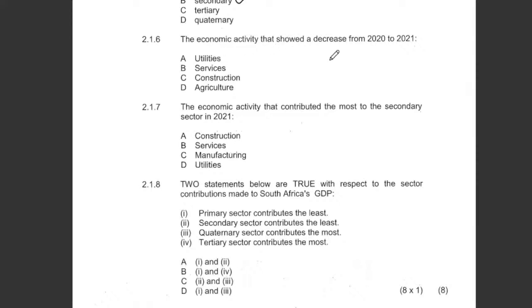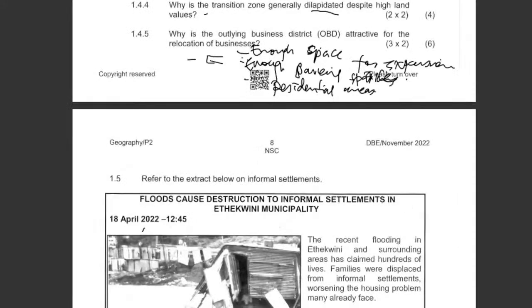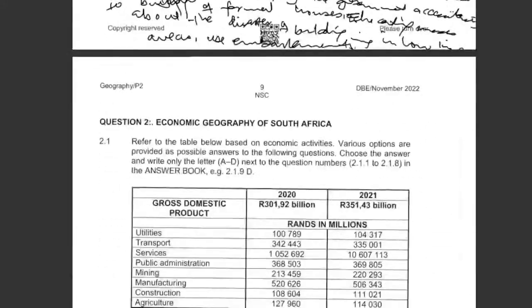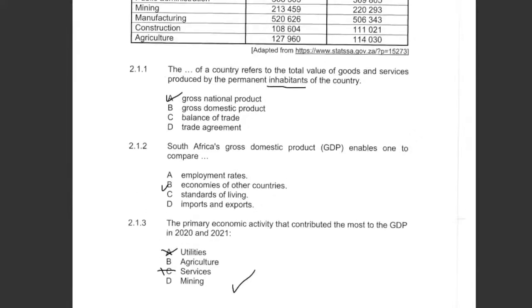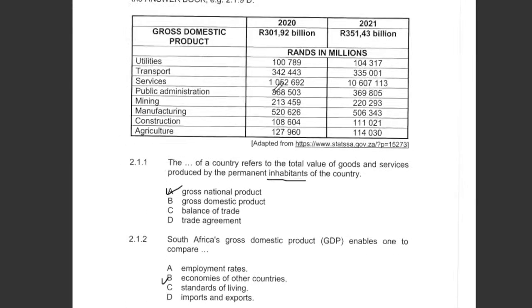The economic activity that showed the decrease from 2020 to 2021. We're looking at the economic activity that showed the decrease from 2020 to 2021. Let's see, 2020 to 2021. We go back here. Which one showed decrease from 2020 to 2021? Those activities.